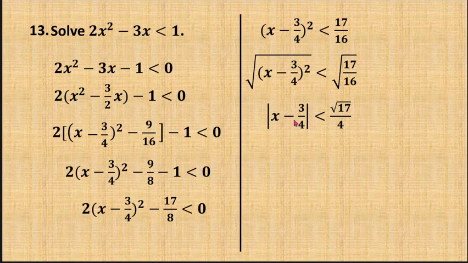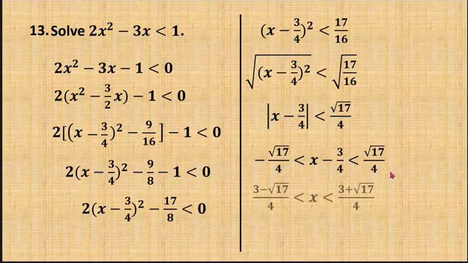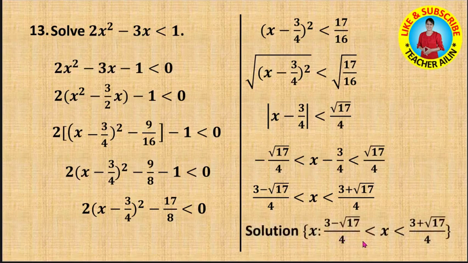According to the properties of modulus, the range of values of x minus 3 over 4 is between negative square root of 17 over 4 and positive square root of 17 over 4. And last, when I shift negative 3 over 4 out, then I've got the range of values of x between 3 minus square root of 17 over 4 to 3 plus square root of 17 over 4. So finally, the result is written in set notation.